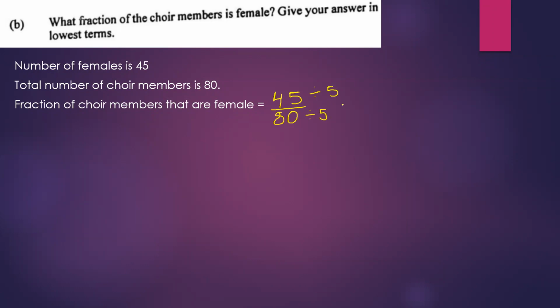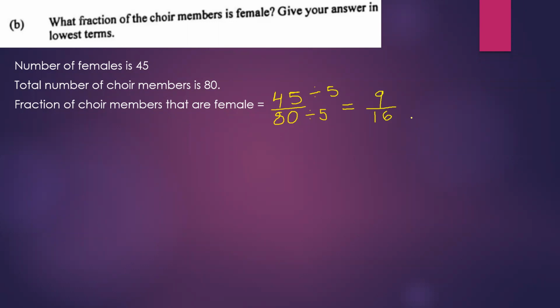What is 45 divided by 5? 9. And what is 80 divided by 5? 16. Is this in lowest terms or can I go simpler?